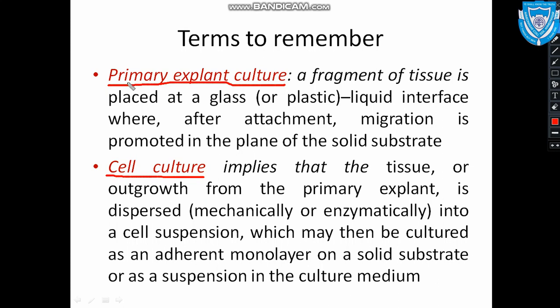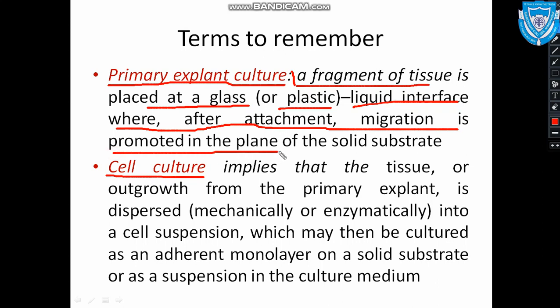The first term is primary explant culture. The primary explant culture means a fragment of tissue is placed at the glass or plastic, the liquid interface, where after attachment the migration is promoted in the plane of solid substrate.